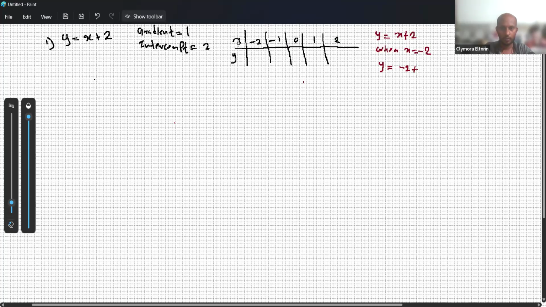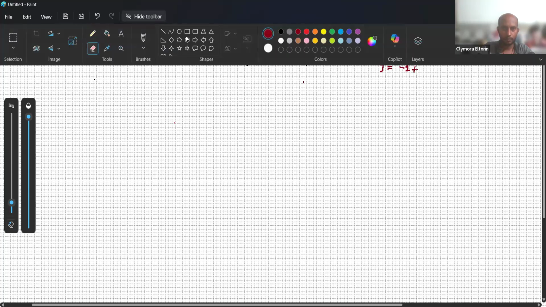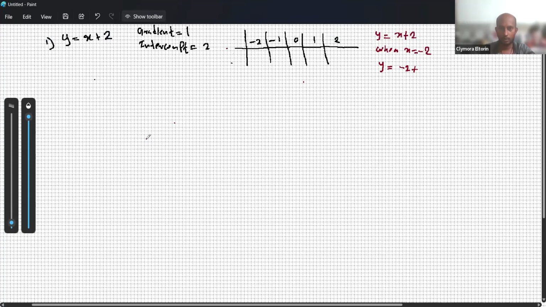I'm going to add another column here. It's the x and it's the y. I'm going to add another minus 3 here. Let's do it with minus 3.